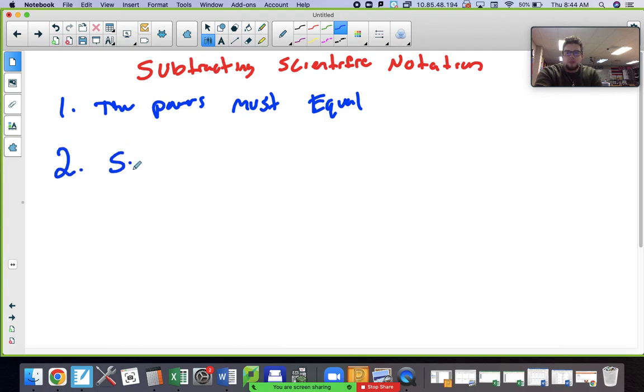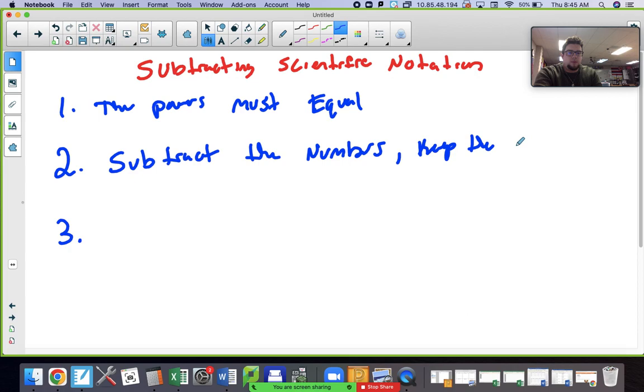Number two, we're going to subtract those numbers, and then, of course, keep the power, just like adding. And then three, we're going to check for scientific notation at the end.